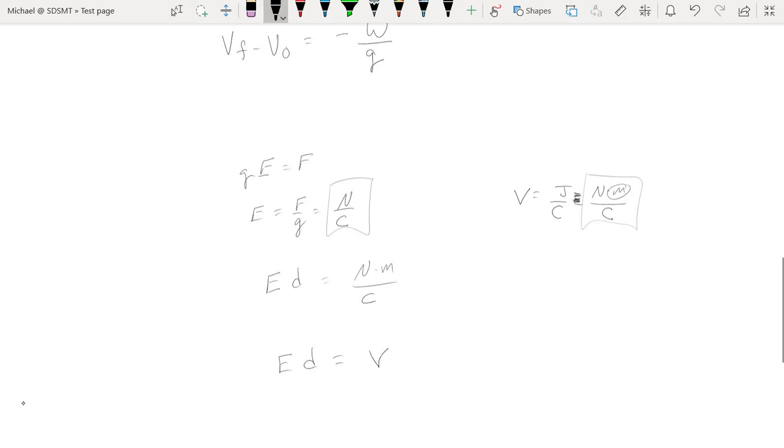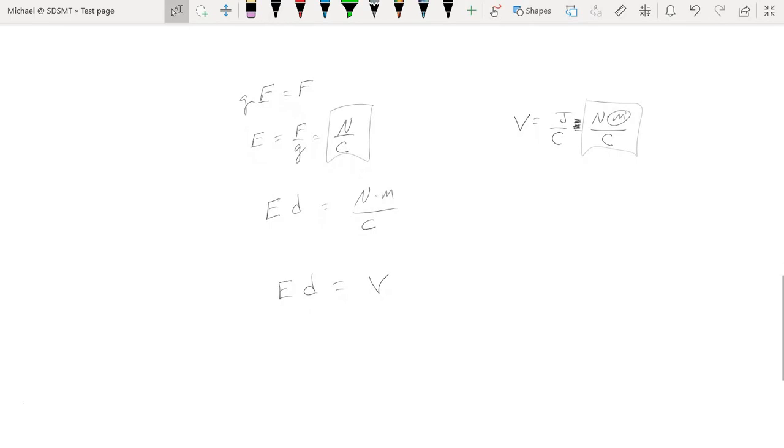Just by looking at the unit analysis, the electric potential can come from a combination of the electric field times the displacement or the current position in space where you're trying to measure everything.